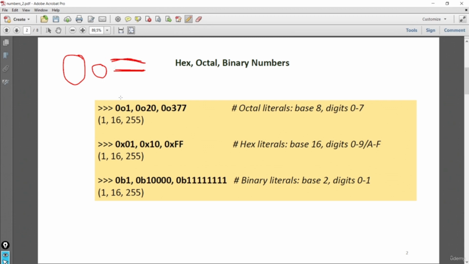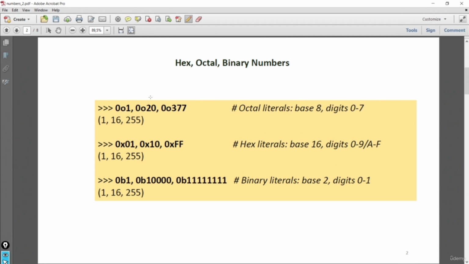Here we see some examples. This is 0. Don't confuse it with the letter O. This is letter O, small letter, and this is the octal digit. Digits can be from 1 up to 7 in base octal, in base 8.